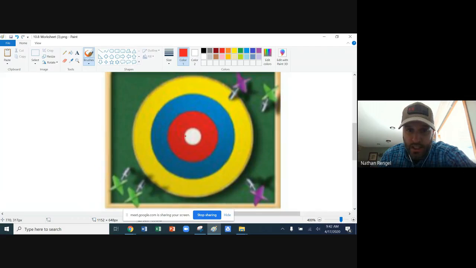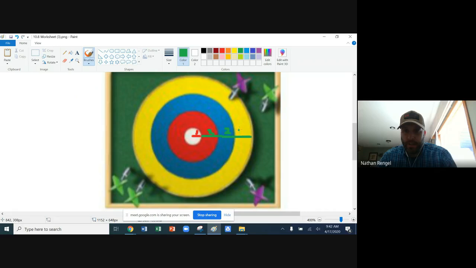It says that the diameter of this first circle, this inside circle, is 2. So I'm looking right at this center circle. That's going to mean the radius is 1 right there. Then each ring, I'm going to switch to green because that's a red background, has a width of 2.